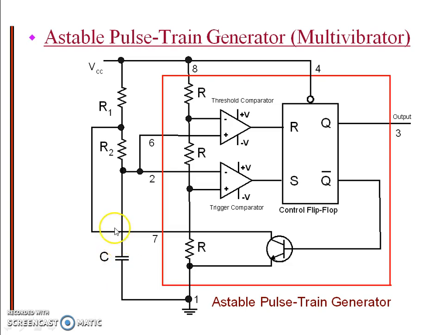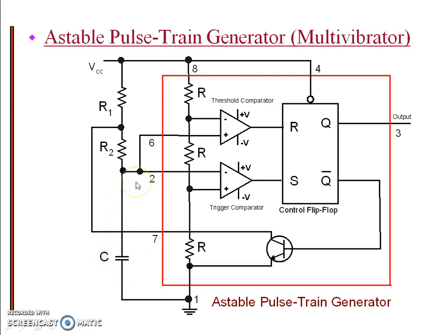Whenever it reaches 2/3 of VCC, the voltage present here will switch one of the comparators.